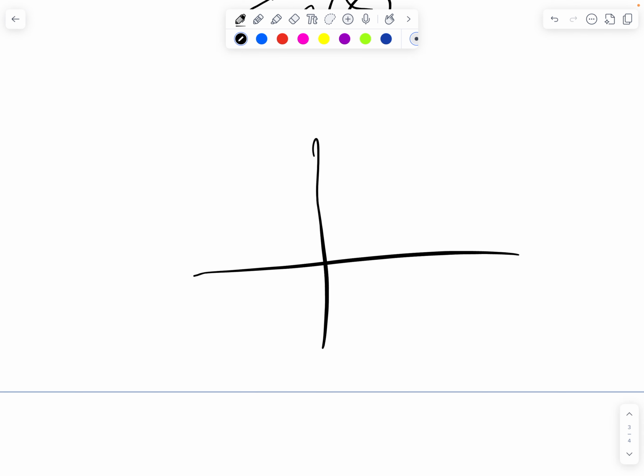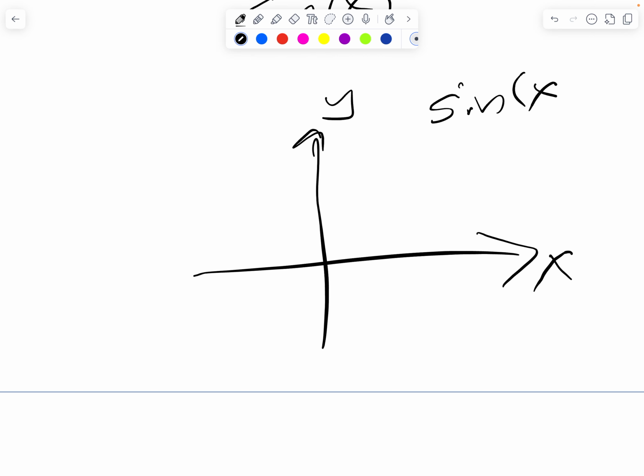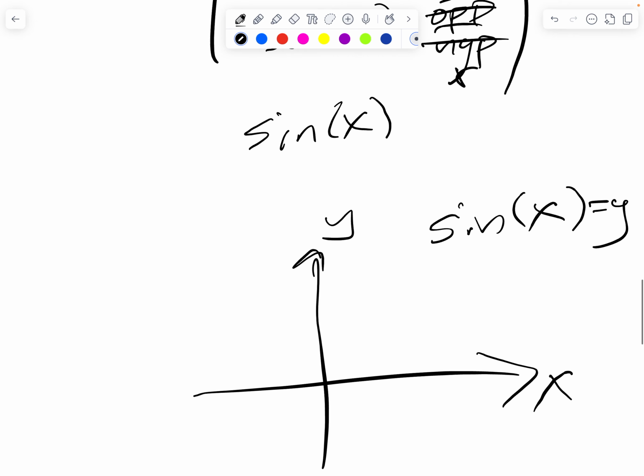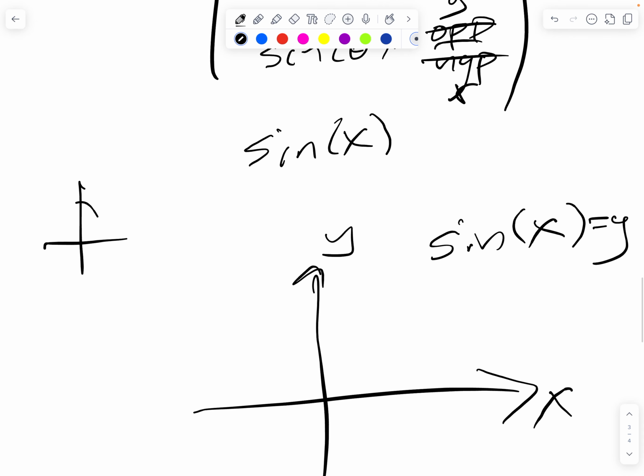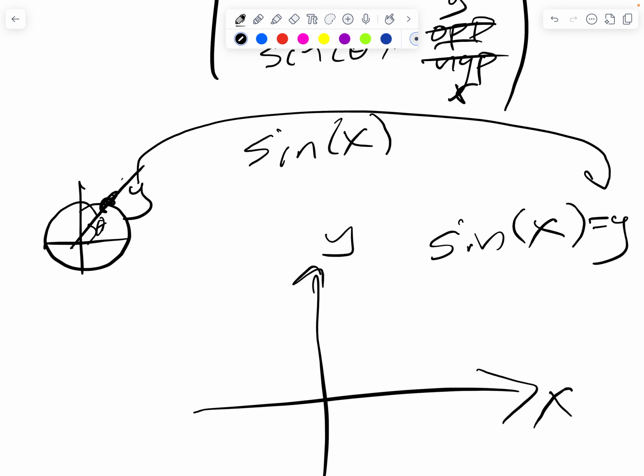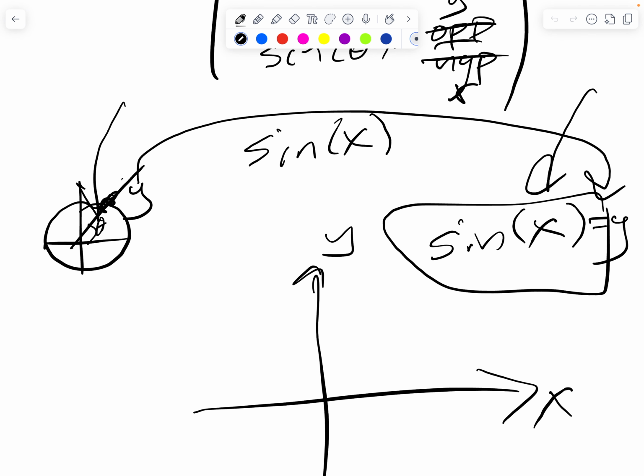Here is x and y. Here's our function. I'm going to name the input x, and I'm going to name the output y. Well, the y on the unit circle for an input called theta is the same value as the y here. But if I call the input over here an angle, but over here I'm just calling it a number, and I want to actually graph this function, the graph looks like this.